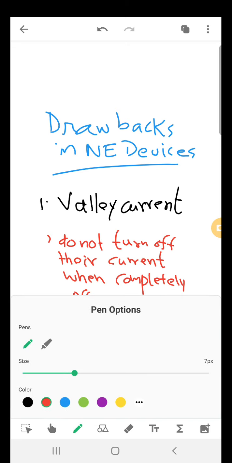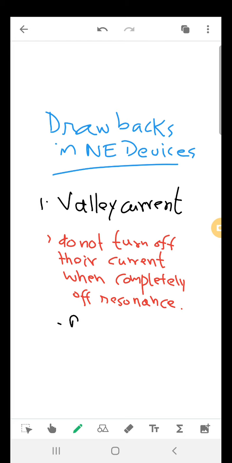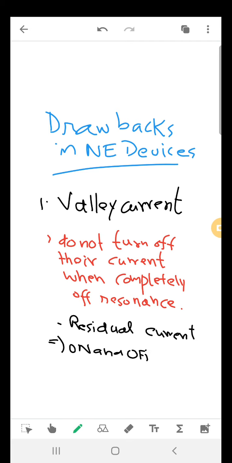So there is a residual current that makes the on and off state not clearly distinguishable.